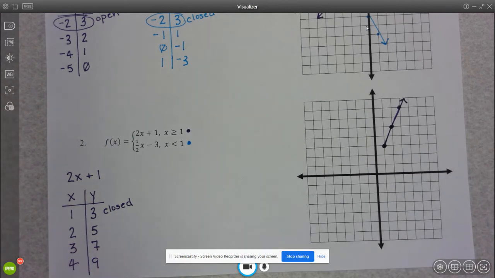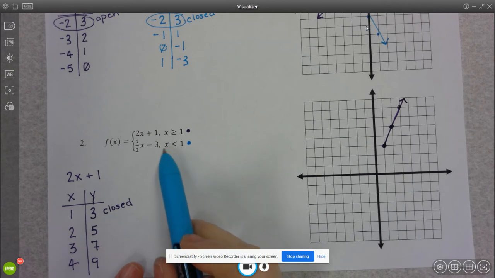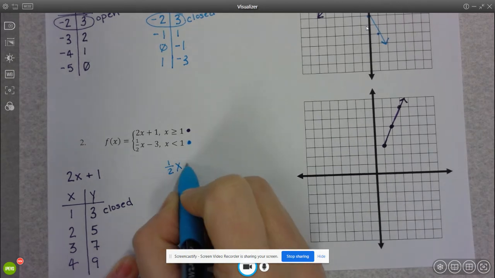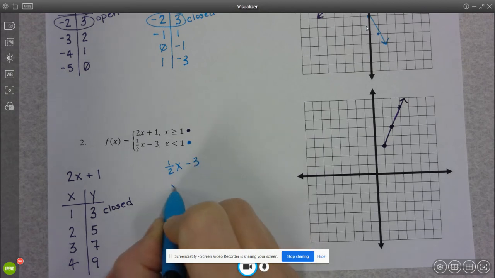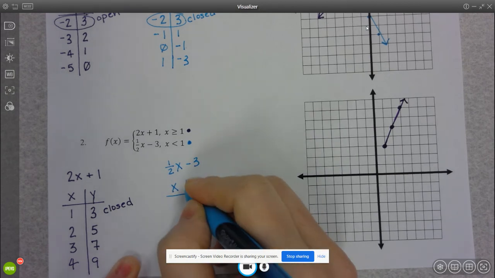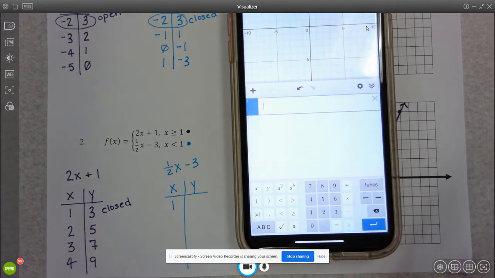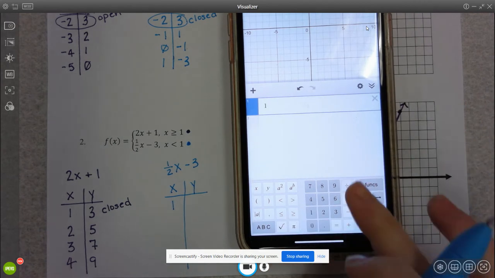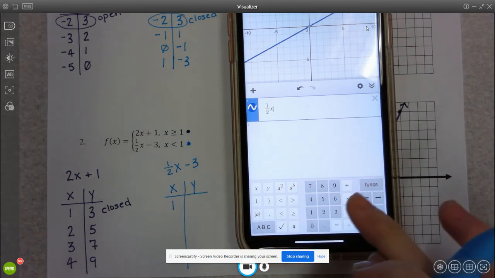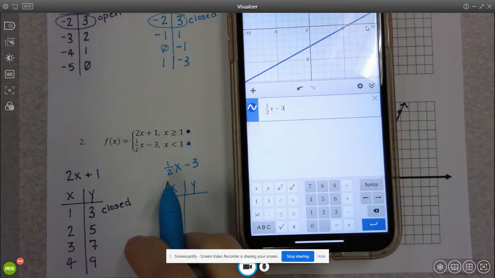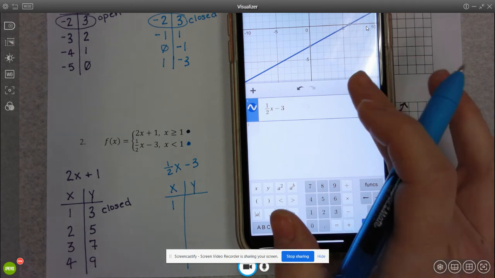All right, switching over to 1/2 x minus 3. I have to include 1. I know that because there's a 1/2 in there, I'm going to have some that are going to be in between tick marks.